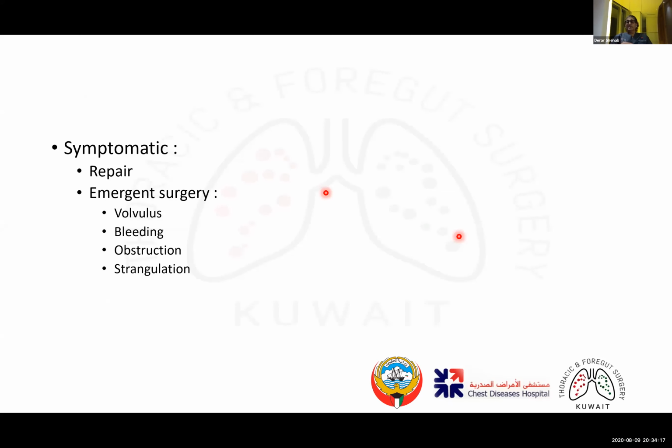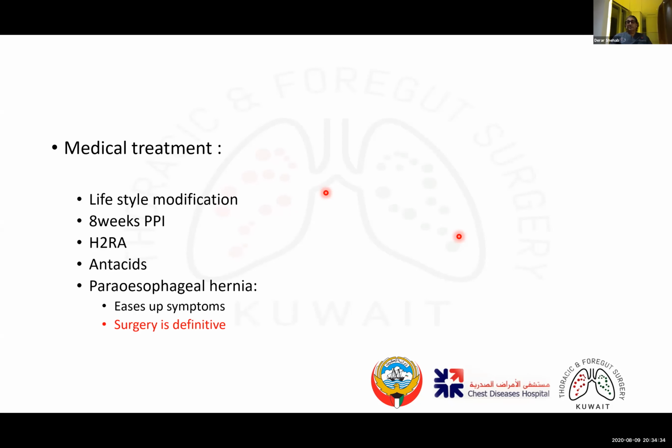Definitely, both sliding and paraesophageal hernia, if they are symptomatic, then they need to be repaired. And if they present with a complication like volvulus or bleeding or strangulation, then those patients should undergo an emergent or urgent surgery. For the medical treatment of hiatal hernia, I always tell my patients, you have to change your lifestyle.